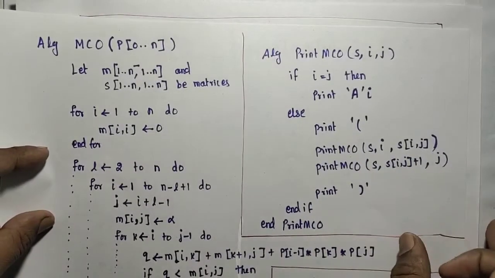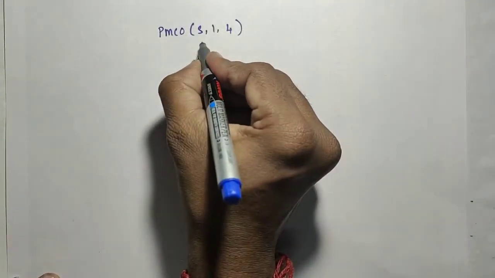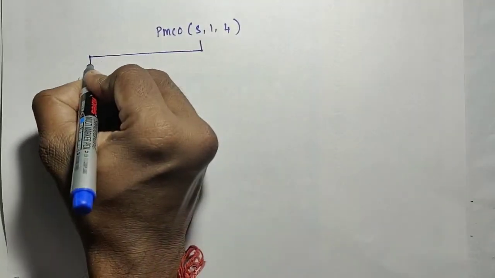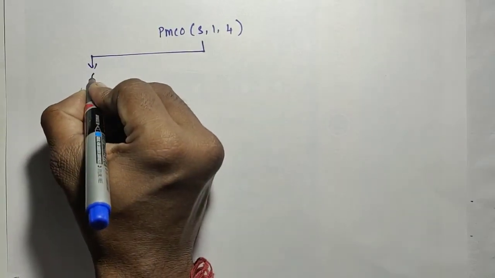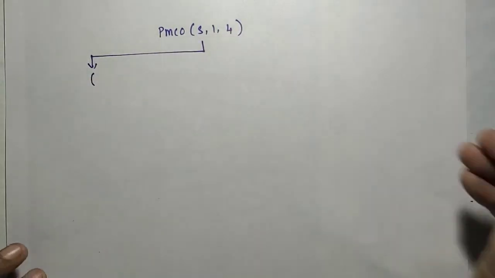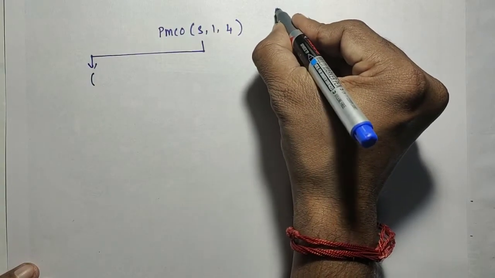As per this algorithm, s and i and j are not equivalent. It will print this in the output screen like this.